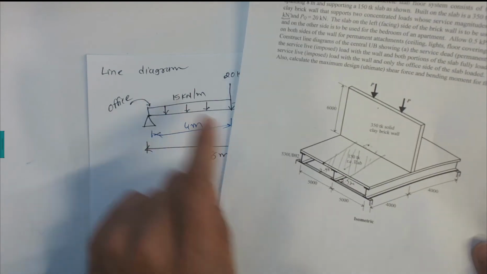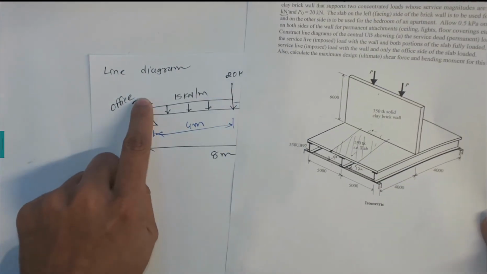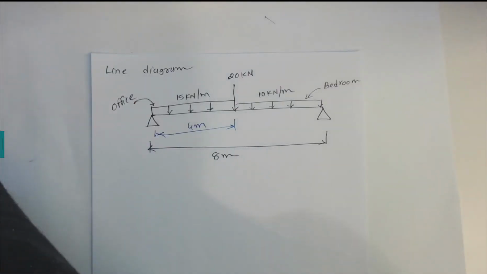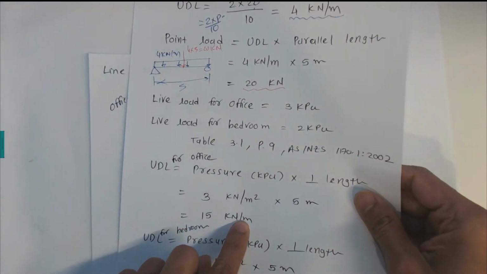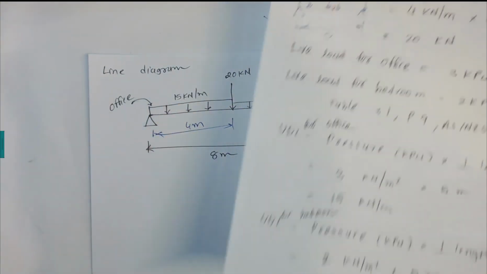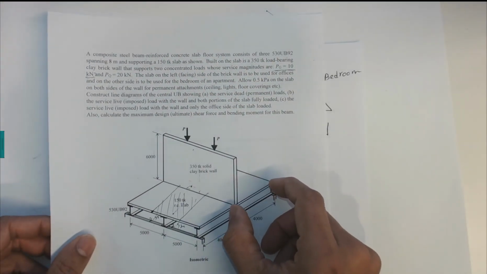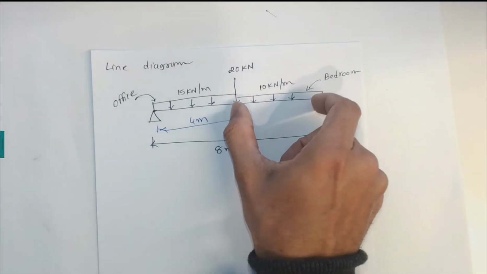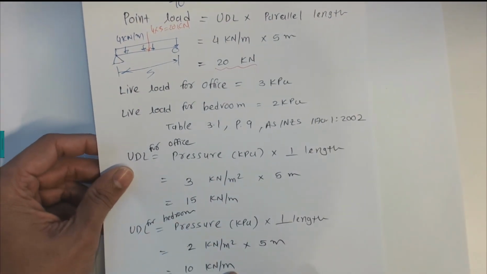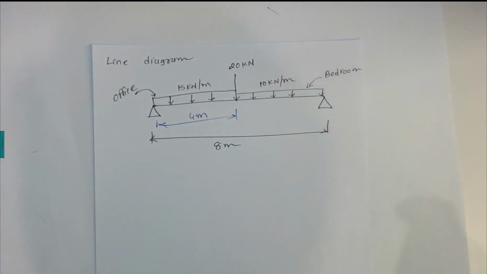Then we have one side of the slab, 4 meters, which is office, with a UDL load of 15 kilonewtons per meter, which we calculated here. And the other side of the slab, used for bedroom, has a UDL load of 10 kilonewtons per meter. So that is the UDL load line diagram. Thank you very much.